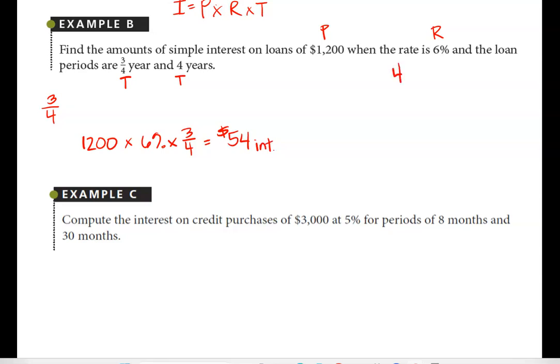If we had a time period of 4 years to pay off this loan, I'm still taking my $1,200 times my rate of 6% and times 4 for 4 years. Again, recall that time is expressed in years or fractions of a year.